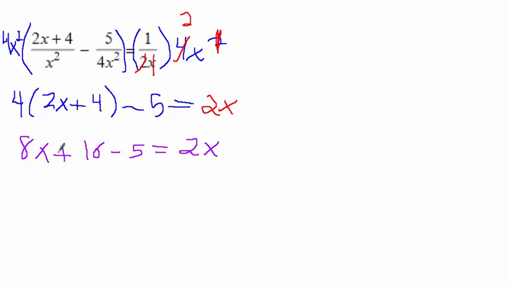And then we're solving the algebra problem. So in this case I do have positive 16 minus 5, so that's 11. Now 8x is the bigger x, but it's on the side that has the constant term to it.